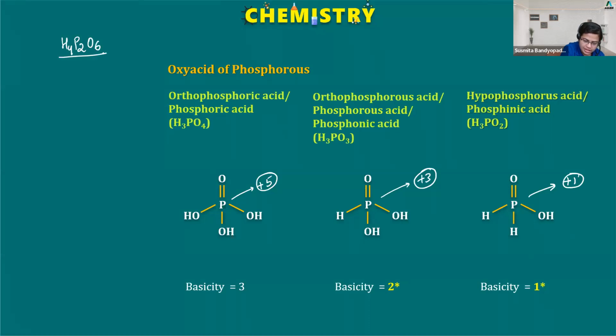Now you try H4P2O6. It was there in that slide. What strategy should we adopt here? First, find out the oxidation number of phosphorus here. It's there, but without looking, what should we do? H4P2O6. The oxidation number of each phosphorus, and the structure.